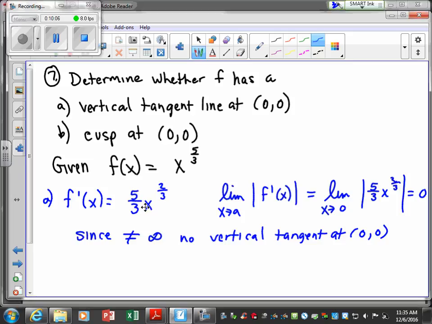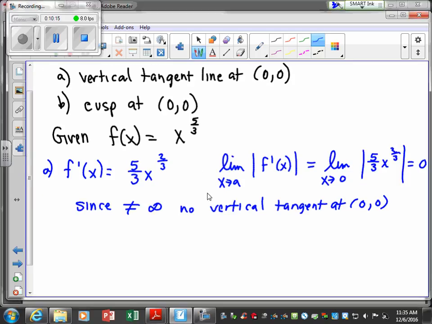It's always positive, or always non-negative. So there's not going to be a place in which a cusp forms. So for B, we can just look at that and say since f prime of x is always non-negative, no cusp is formed.